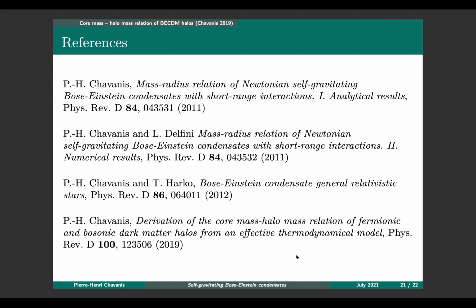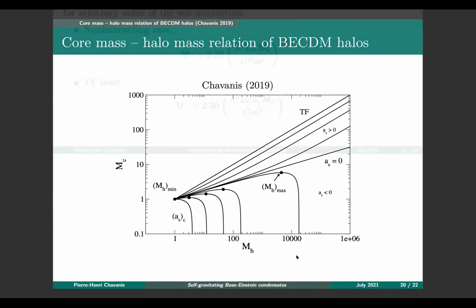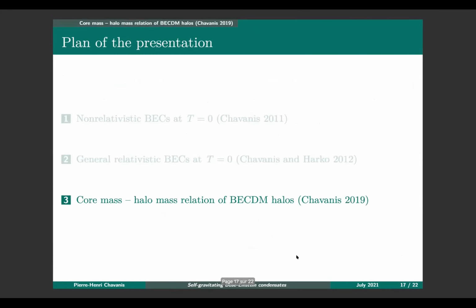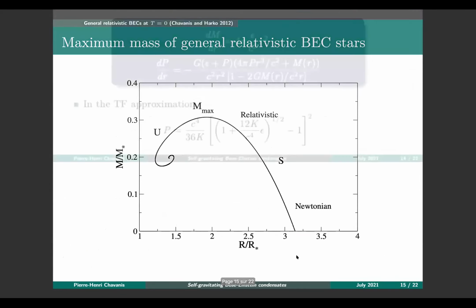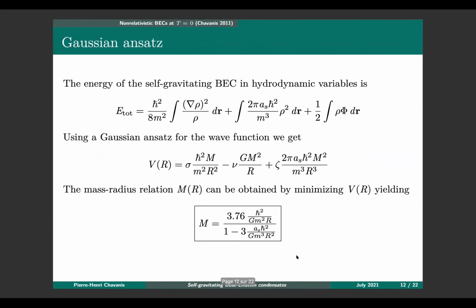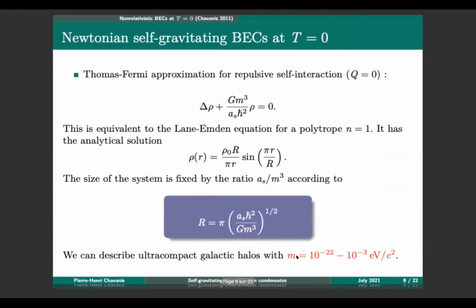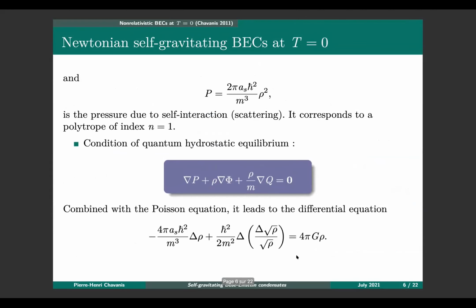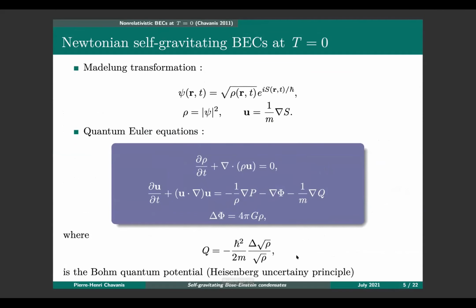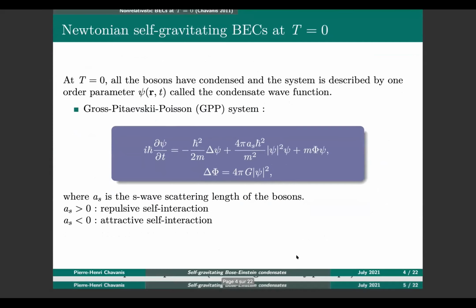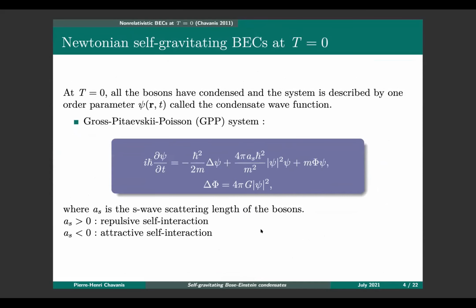Could you please explain the dilute limit that you consider for this equation of state, and also the relation between this equation of state, which is also a Bose-Einstein condensation, and the equation of state that you define in the second part of your presentation, which you then solve based on the Tolman-Oppenheimer-Volkoff equation?